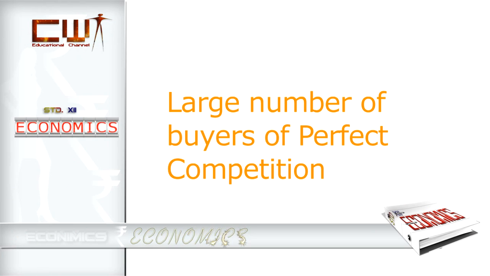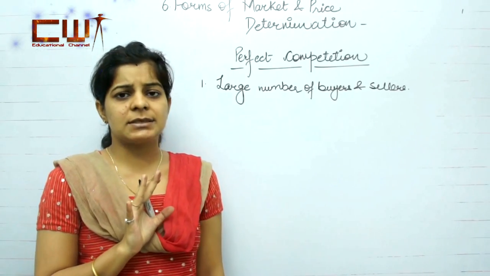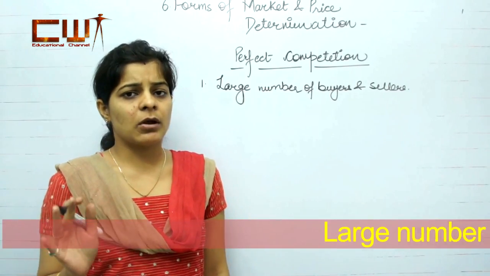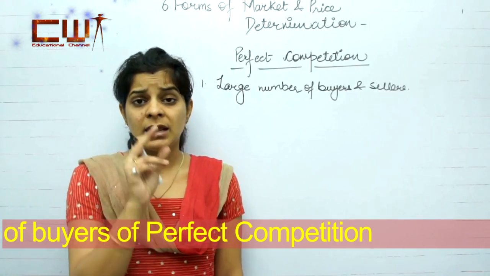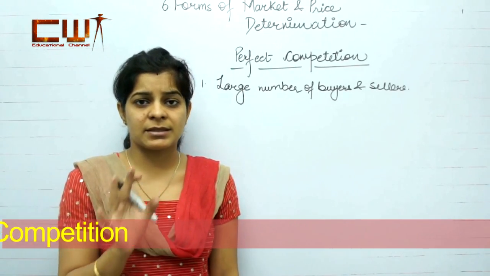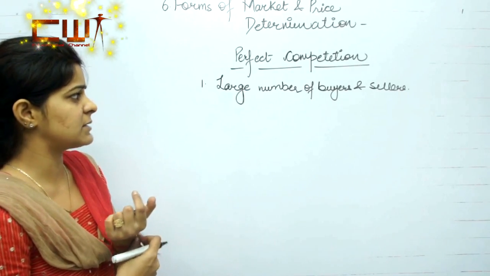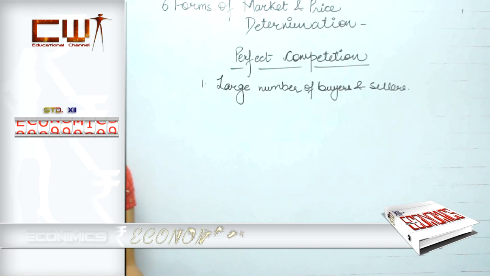Very important point. If you take it in the real form, there exists no such market as perfect competition, because in no market are there producers who are selling the same kind of goods at the same price. So this is just an imaginary kind of market, as the economists say.